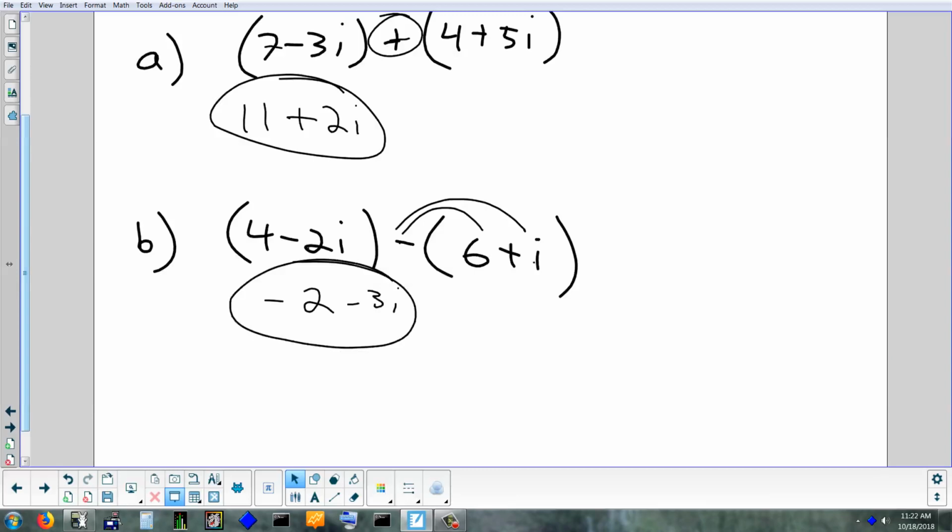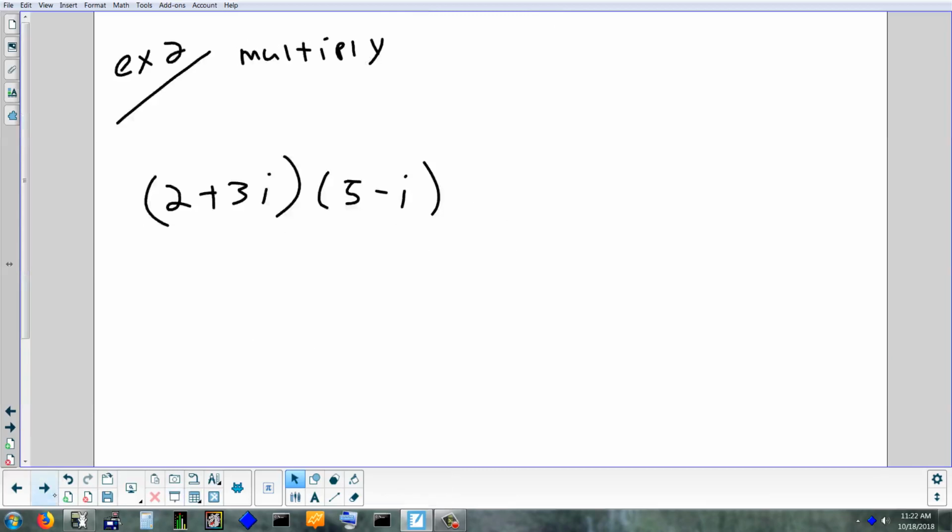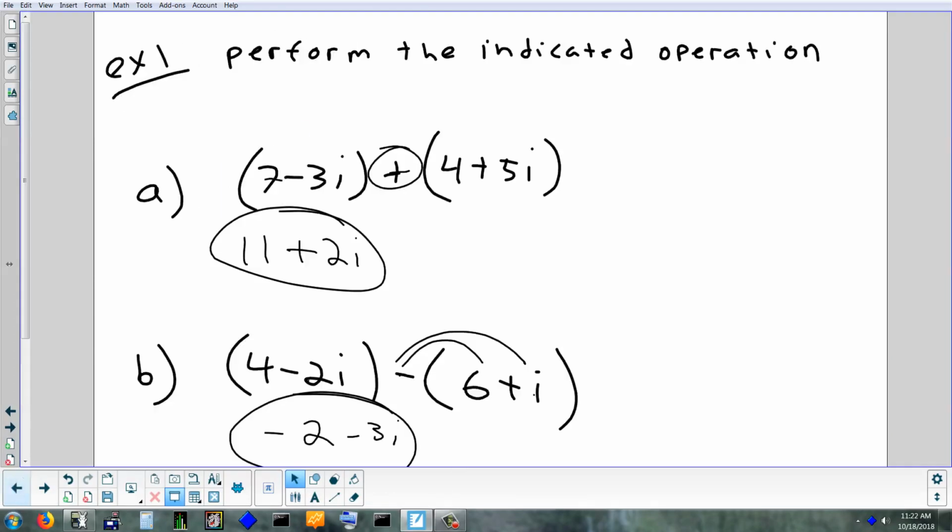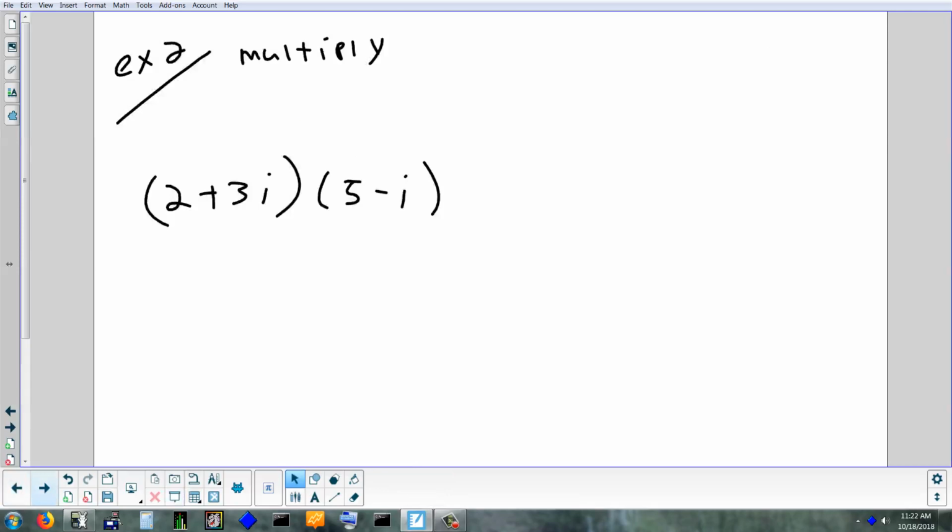Now, if you look at the next problem quickly, it might look kind of like the same thing. Parentheses, another set of parentheses. The big difference is there's no plus, there's no minus. If there's no plus or minus there, what operation are we doing? Multiplication. You can put the dot if you want to remember that it's multiplication.